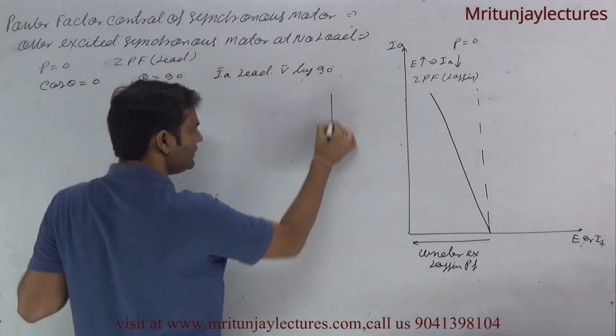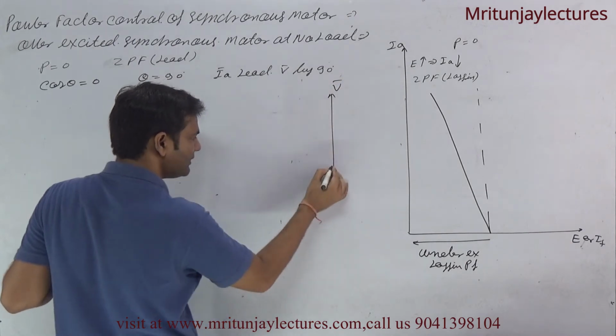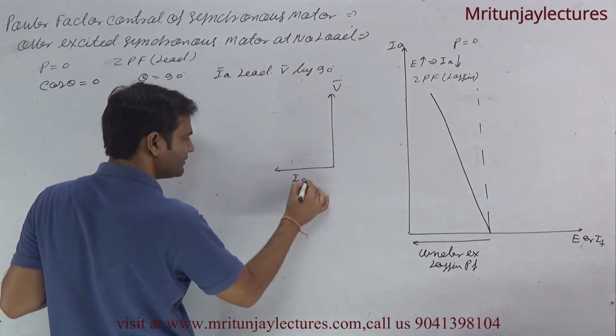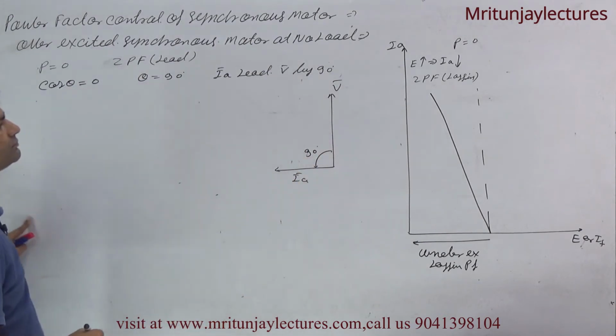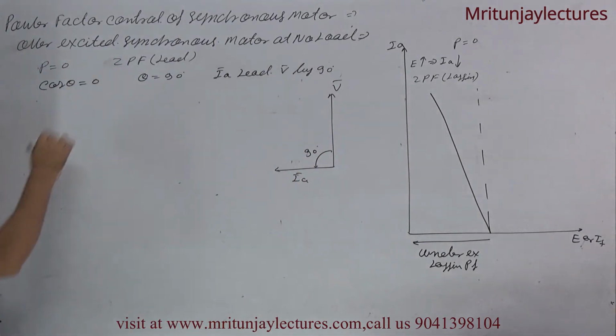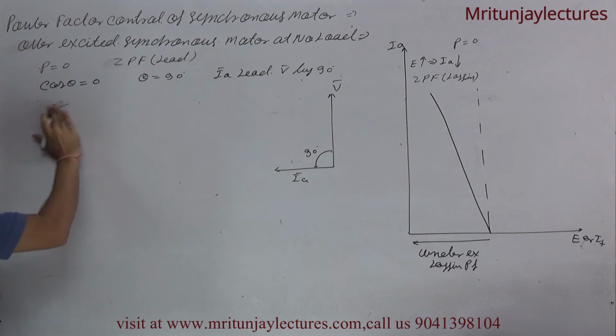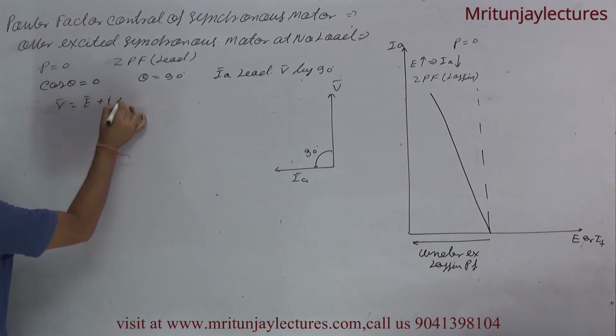So if V represents here like this one, then what about IA? Like this one. Clear? Now IA leads V by 90 degree.